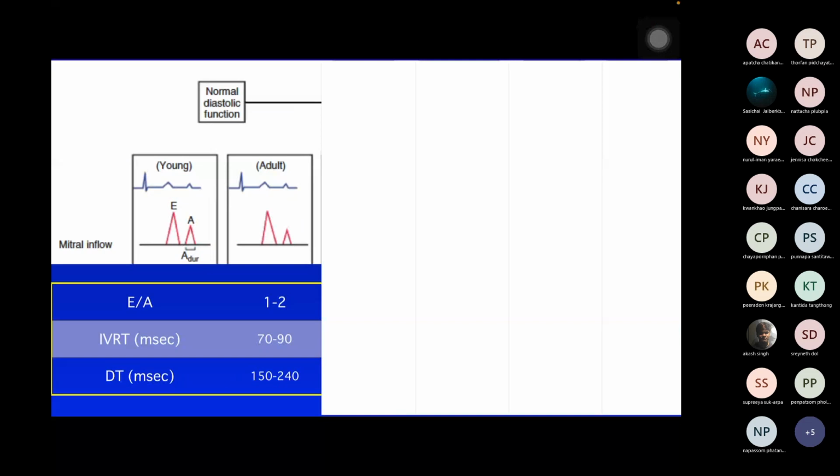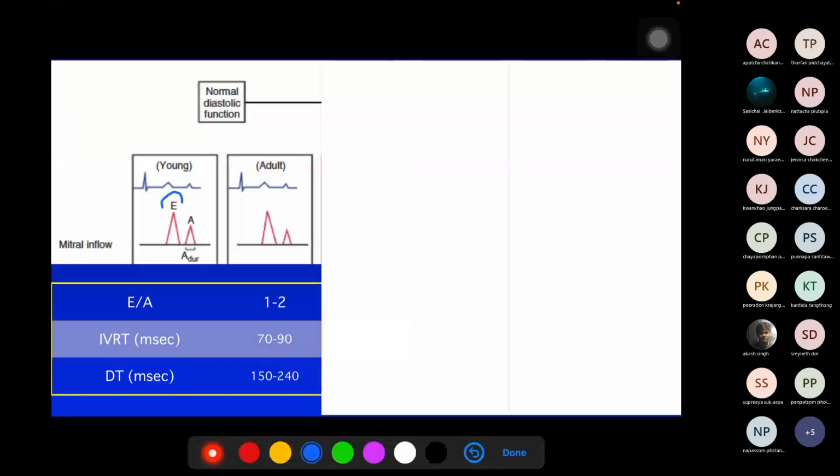Again, look back to the normal. Normally, as we talk about, mostly the blood flow in the second phase of the diastolic state is the E wave. Normally, E should be over A because normal blood filling mostly occurs during the E phase, or second phase.